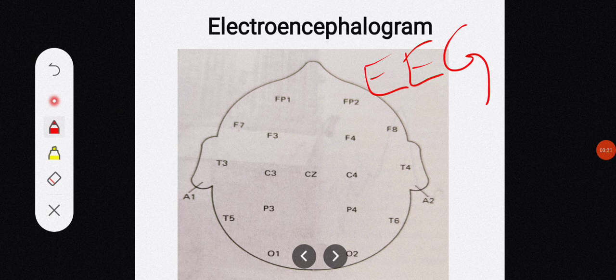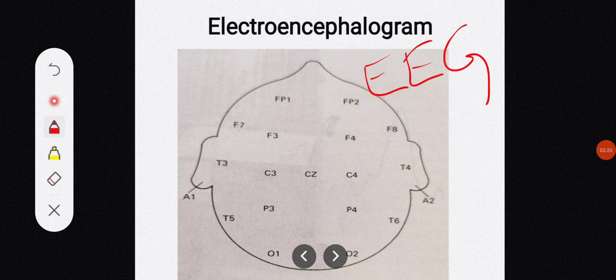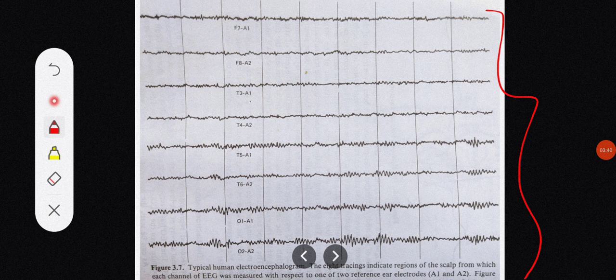Now depending on the location of the measuring electrode, that is, on any portion of the skull where you are actually putting the measuring electrode, you will get different types of electroencephalograms. So these waveforms of electroencephalogram vary greatly with the location of the measuring electrodes.